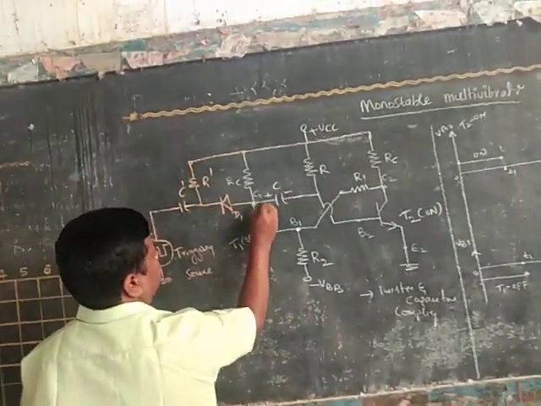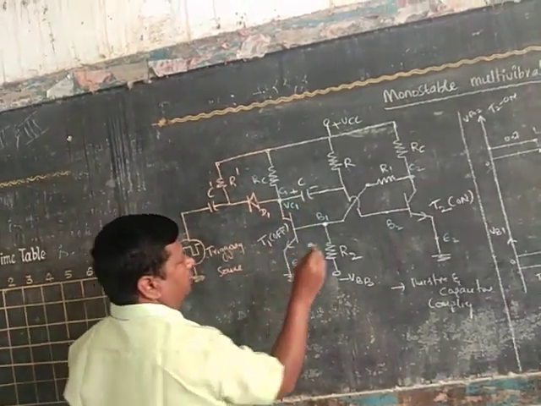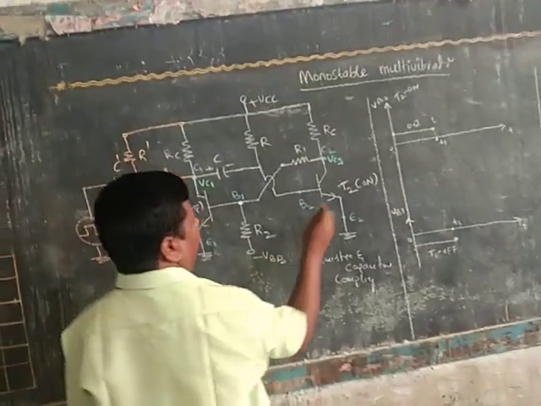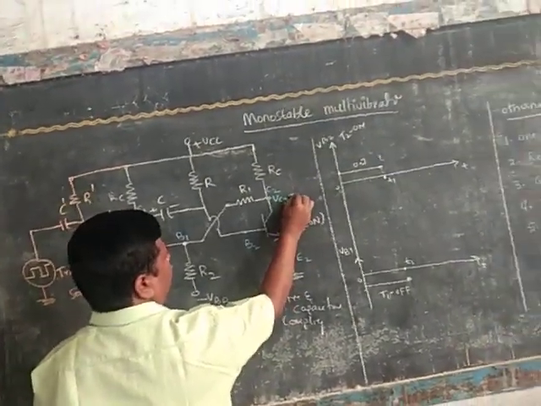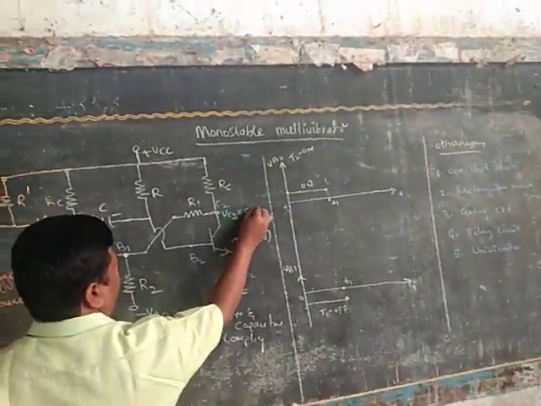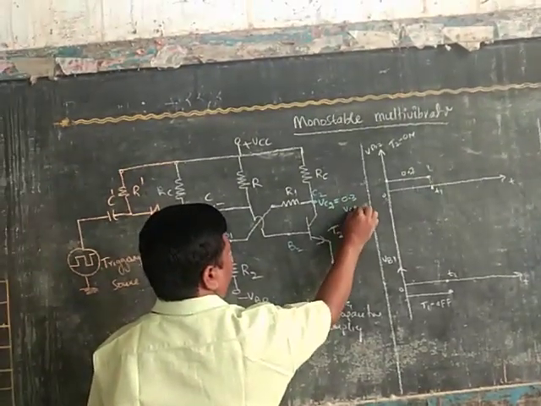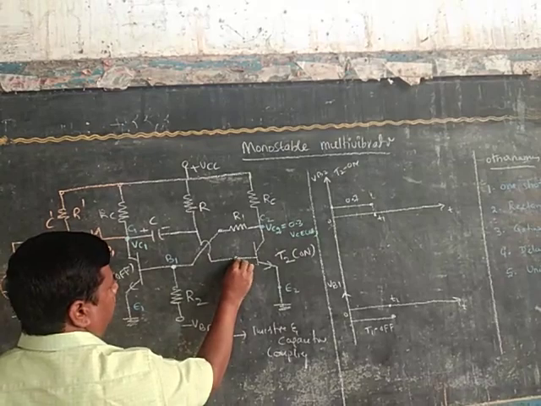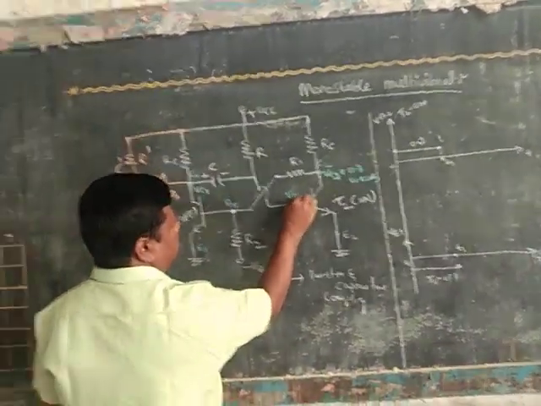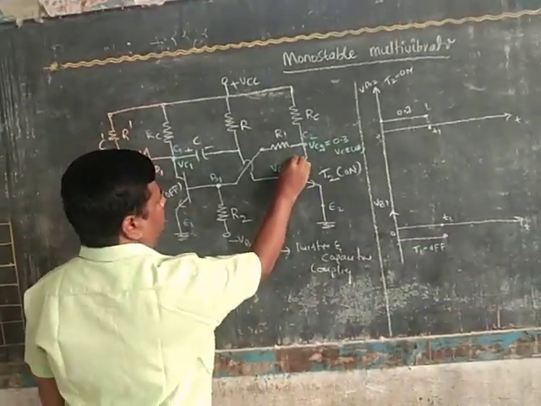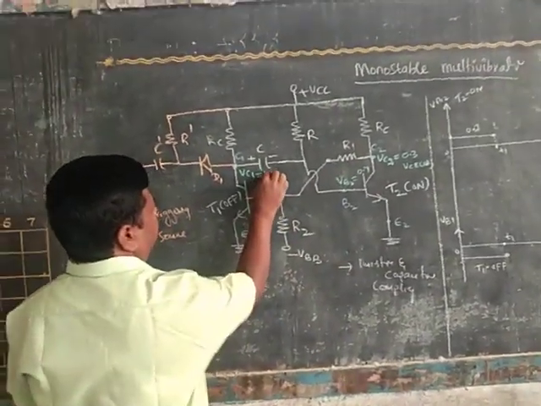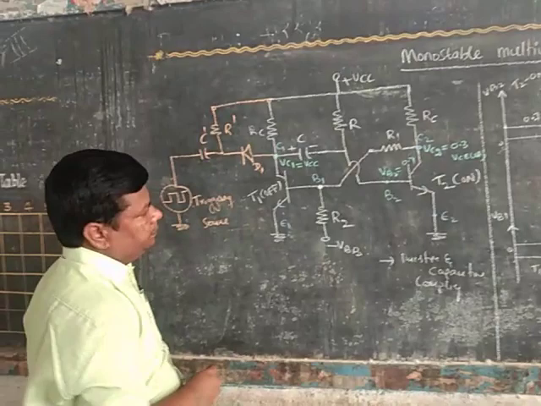Here the voltage VC1, here the voltage VC2. Whenever T2 is on, its collector voltage is VC saturation, 0.3 volt, its base voltage is 0.7 volt, and VC1 is VCC.